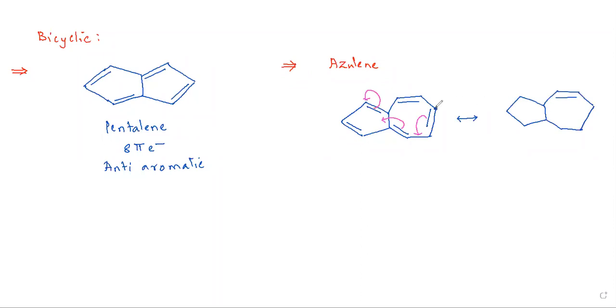See, this particular carbon has lost its bond. So let me put a positive charge here. And the bond migrates this way. Okay. Then this. And here you get a negative charge. Now I think it is very clear. You can clearly see the two things.